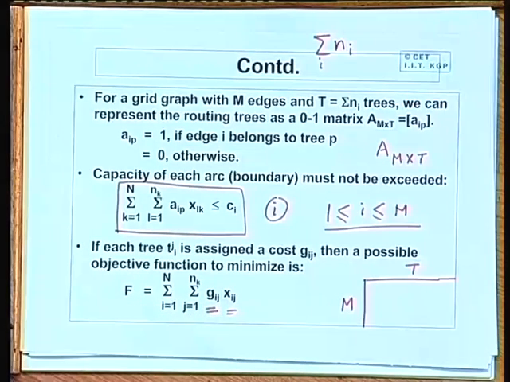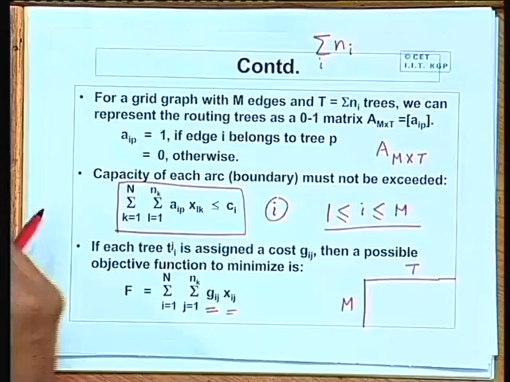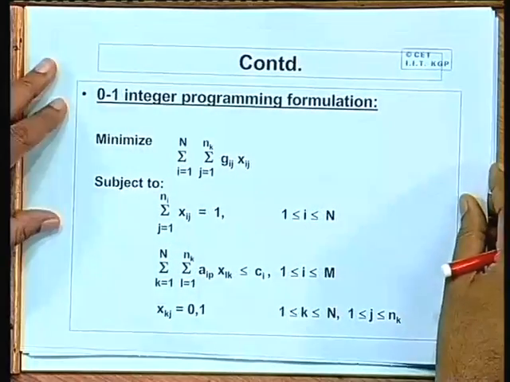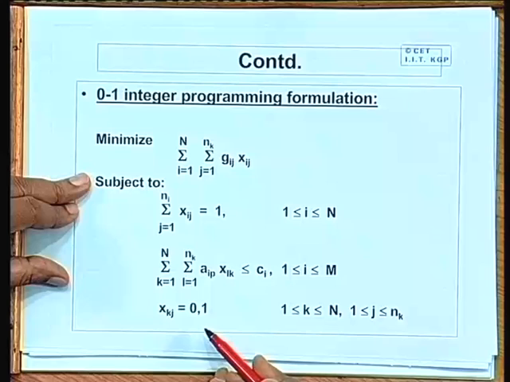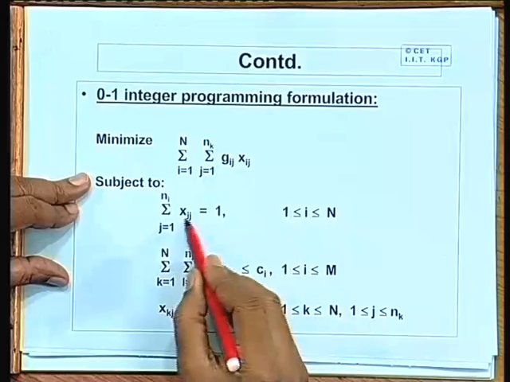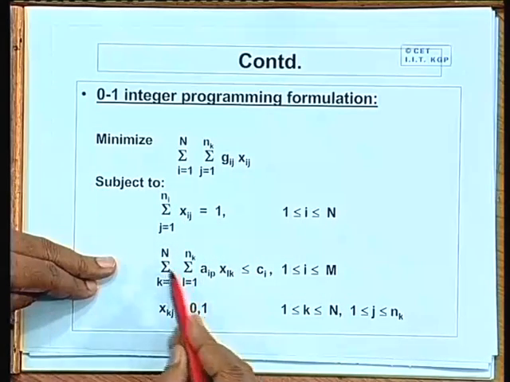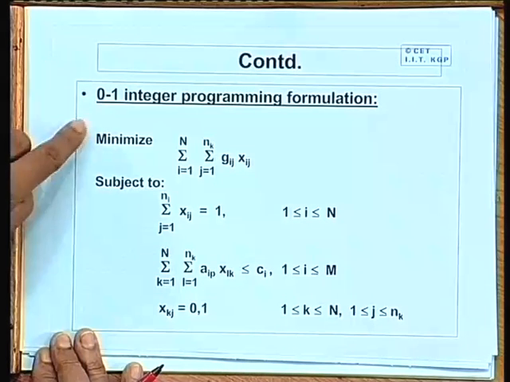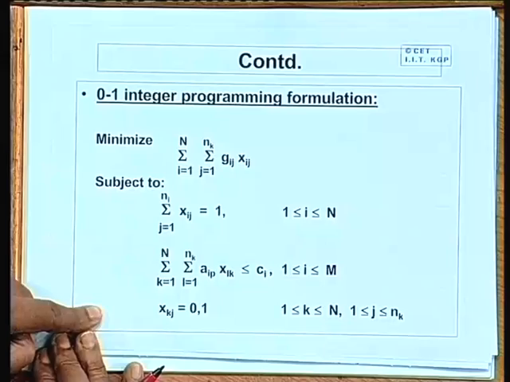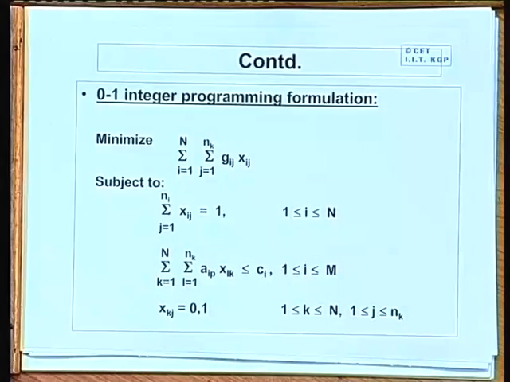So, the total problem you can frame like this: you minimize this cost function subject to these constraints. One is that sigma of Xij must be 1, and that capacity constraint, and each x must be either 0 or 1. If you solve this problem, then you will get the values of these variables Xij.